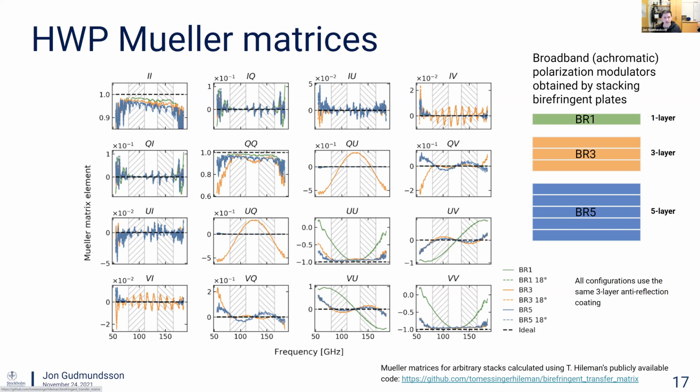So we take all that into account when we generate, for example, this plot, and in all of our analysis, we use this code that was developed by Tom Hileman. Okay. So does that answer your question?